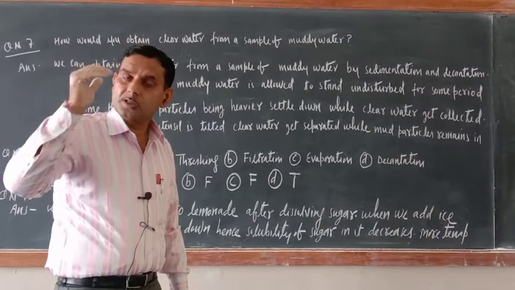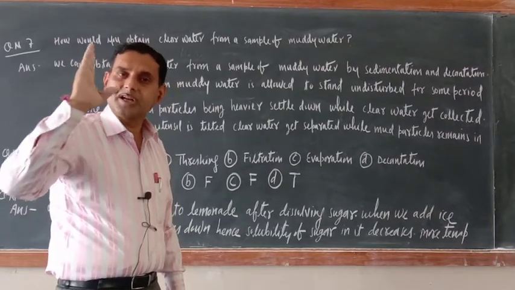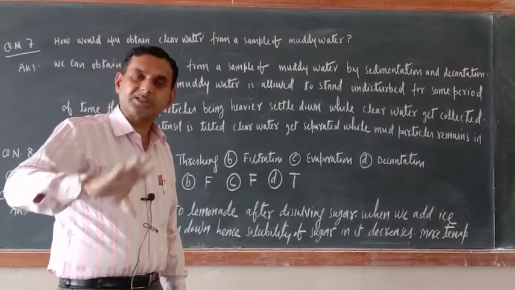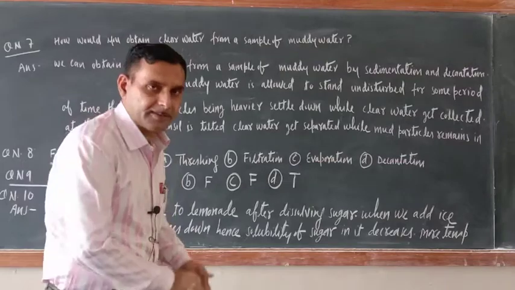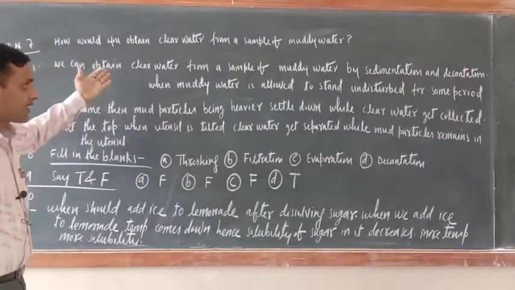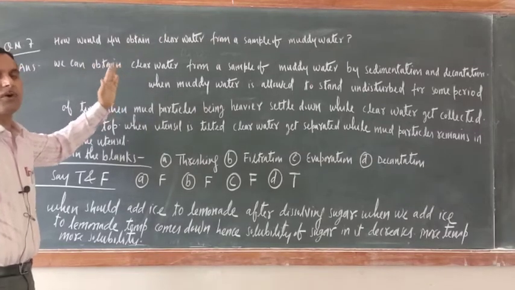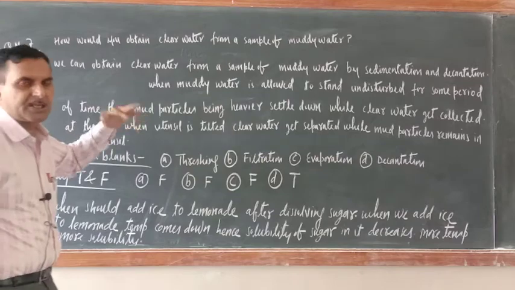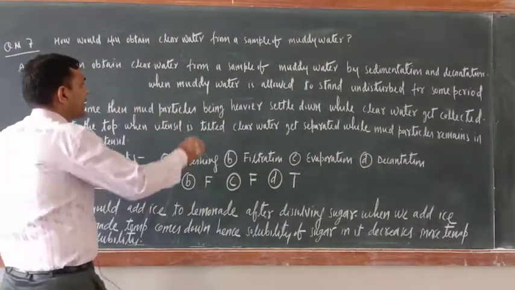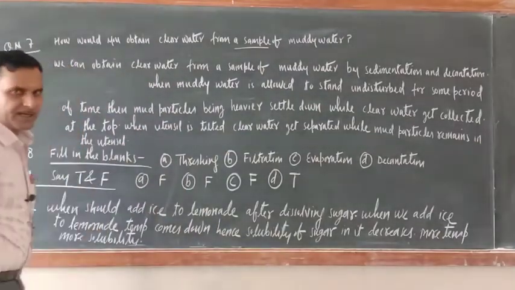No. So the applicability of a particular method depends upon the nature of the components of the mixture and the amount of substance you have taken. Here, if a huge amount of muddy water has been taken, then it will be difficult to apply sedimentation and decantation. But here they have taken a sample, and sample means a small quantity.